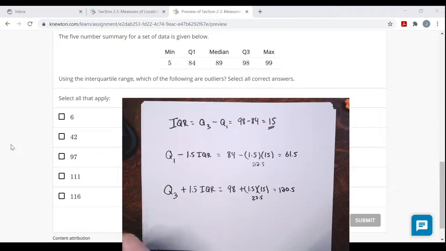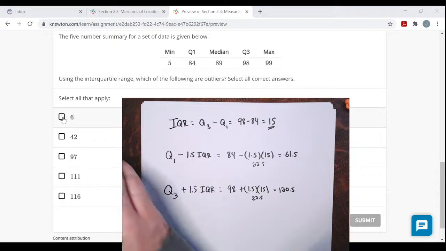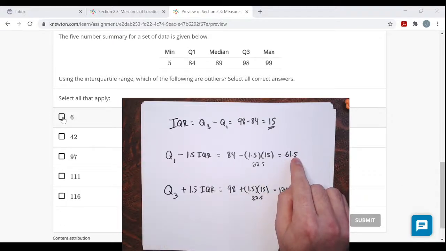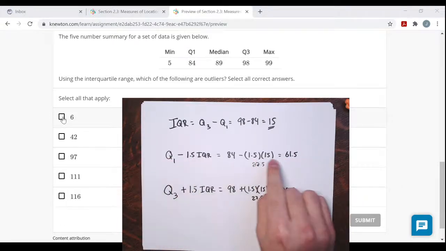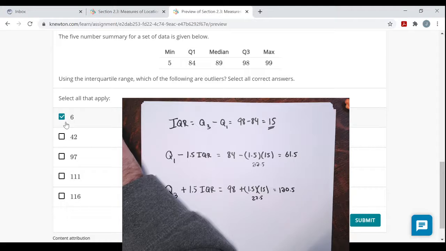So looking at the assignment here, the number 6, this is too small, right? This is less than Q1 minus 1.5 IQR. So 6 would be a potential outlier if it was in the data set. In fact, the smallest value, 5, is an outlier.